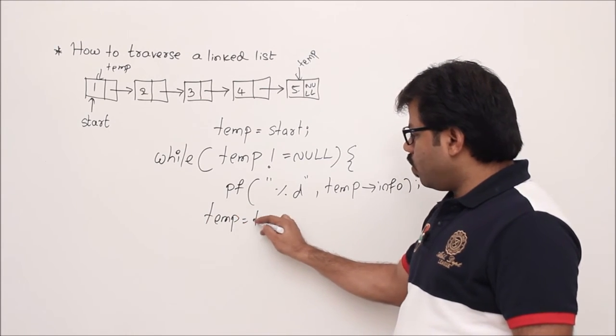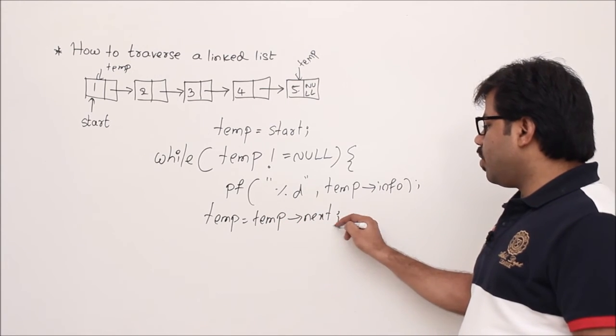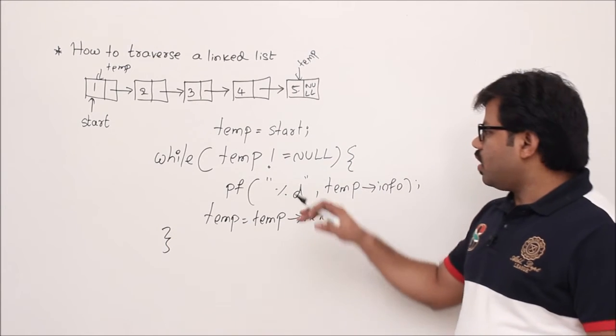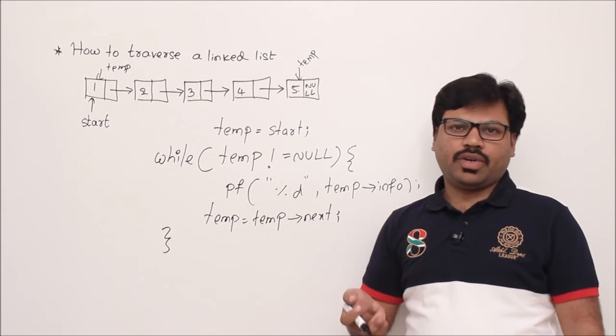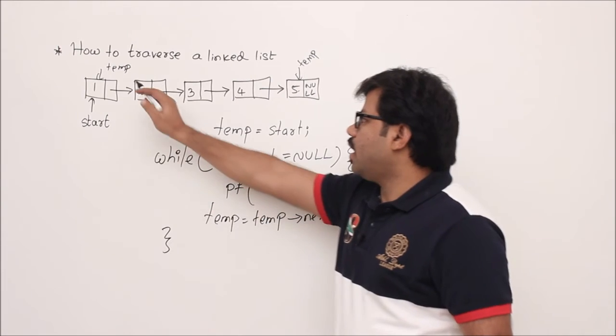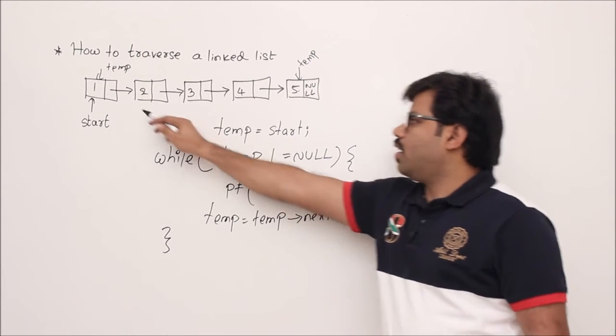So temp equal to temp cap next. We know that in linked list, incrementing is nothing but temp equal to temp cap next, especially in single linked list. Once while loop is completed, what happens? Temp will become null and we stop it. Let's try to execute this code for this linked list. Initially temp is at start, right? So temp not equal to null, correct.